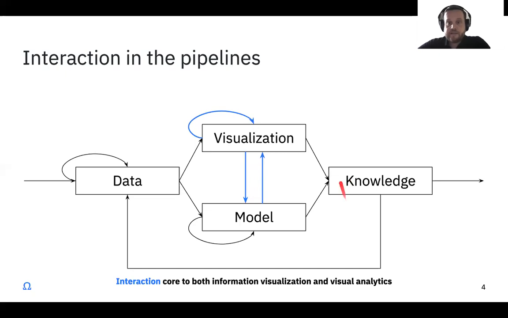And in visual analytics, our interactions in the visualization will drive the model. We're going to see this a bit more in detail in the visual analytics lecture. But interaction is really core to information visualization and all its disciplines, so that it can hardly be disentangled from the process.